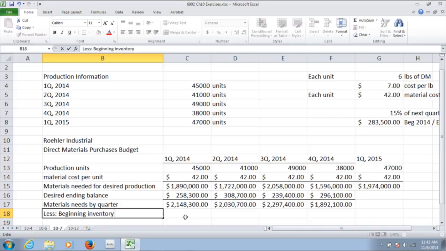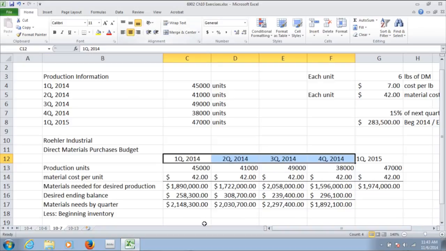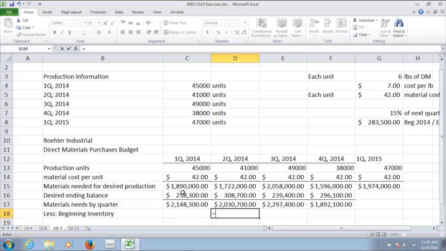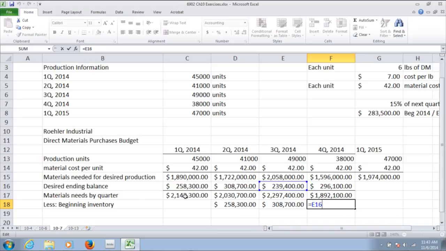So similarly to each, for the second, so starting, we'll go back to the first quarter in a minute because it's a little bit different. But the second quarter's beginning inventory is the same as the first quarter's ending. So for the second, third, and fourth quarter, we just link back to the previous column, desired ending balance. The first quarter is somewhat different.